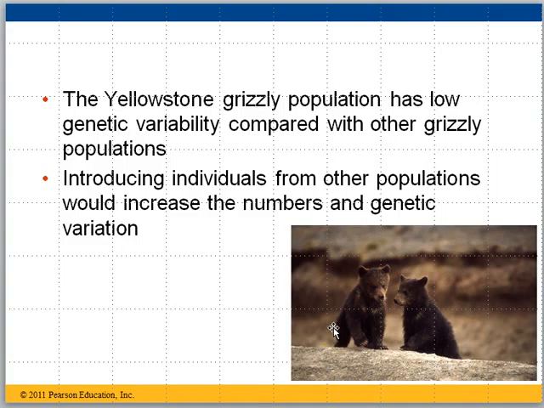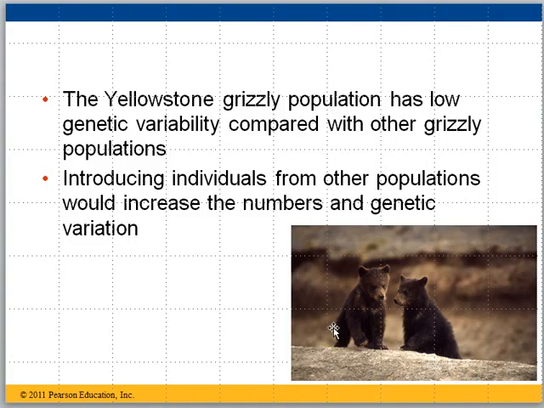So there is decreased genetic variability. There's a little bit of inbreeding that goes on amongst these bears. Introducing individuals from other populations might be helpful, just like it was with the prairie chickens. If we were to catch a few wild grizzlies up in Alaska and bring them down to Yellowstone, that would bring in new genetic diversity, and that might actually help strengthen the population there in Yellowstone overall.